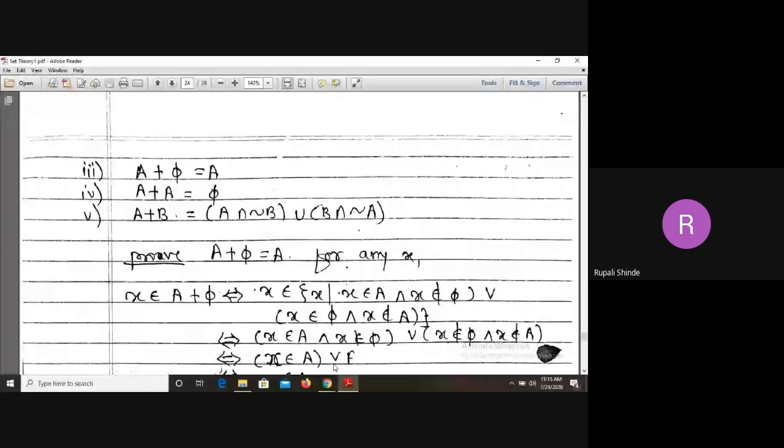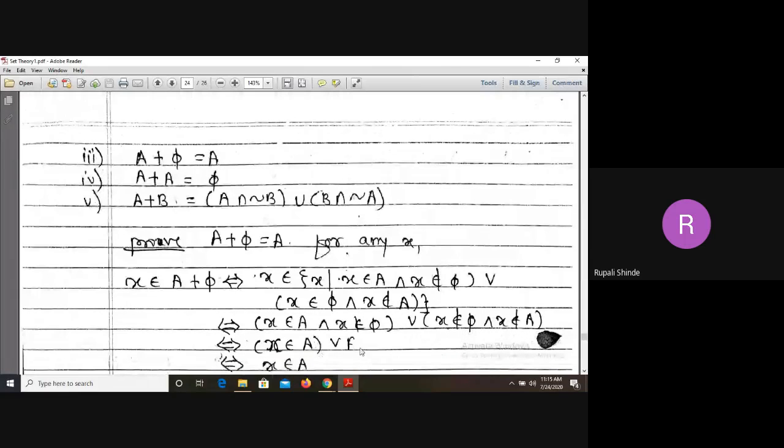Okay. So again, x belongs to A and x does not belong to phi. A मध्ये आहे पण phi मध्ये नाहीये. ओके. phi म्हणजे एम्प्टी सेट. सो त्यामध्ये काय असणारच नाहीये. सो x belongs to A म्हणजे काय येणार आहे मग? अगेन x belongs to A or false.